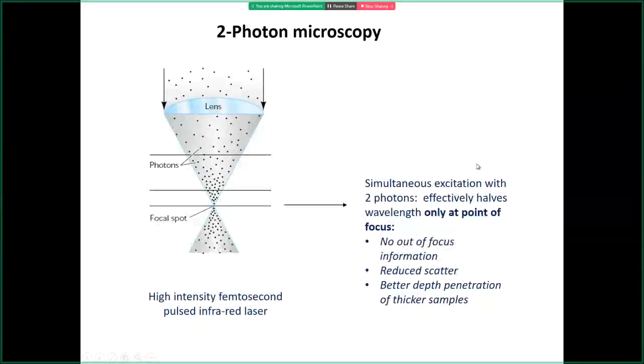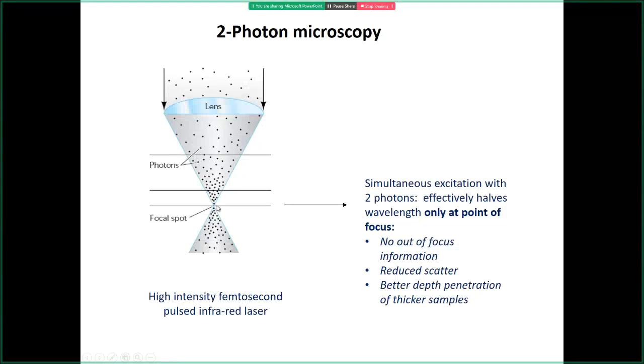Okay, I'm going to move on now quickly to another kind of confocal microscopy, but this is two-photon microscopy. Two-photon microscopy, very briefly, uses a very high intensity femtosecond pulsed infrared laser. The laser develops pulses of infrared light in very, very short femtosecond bursts. And this laser is, again, focused by the objective through the microscope into a tight focal spot.